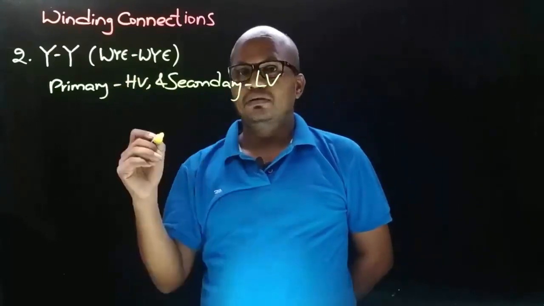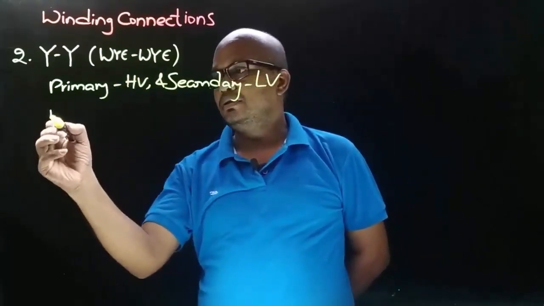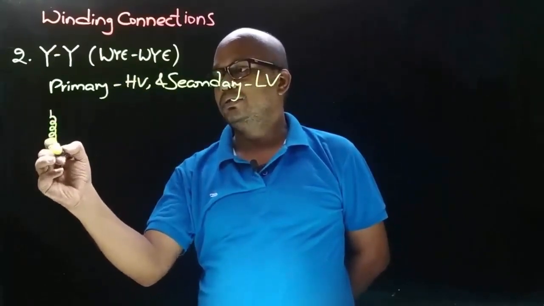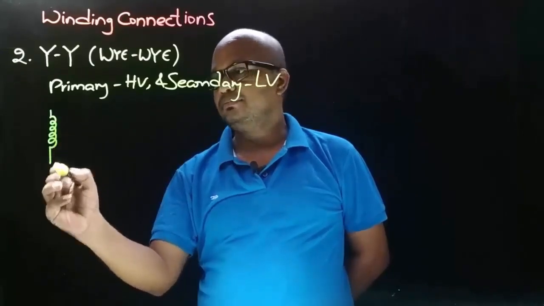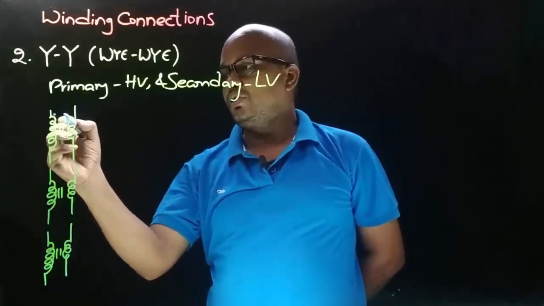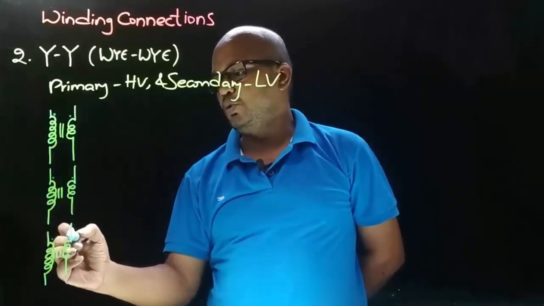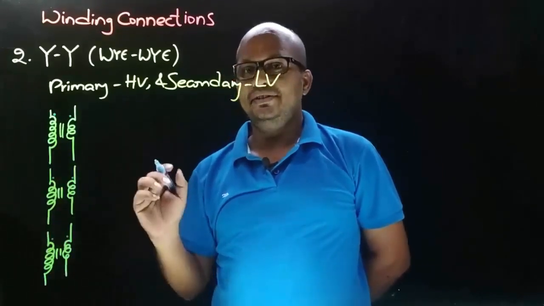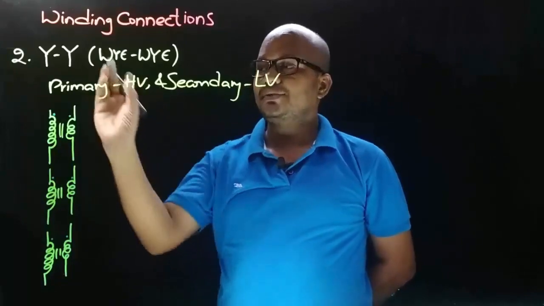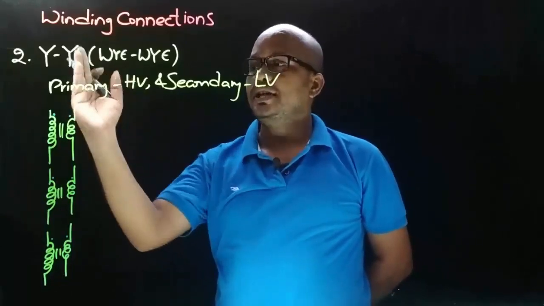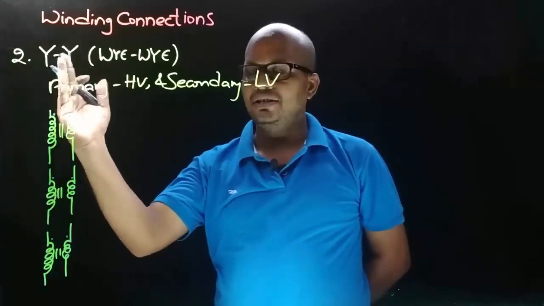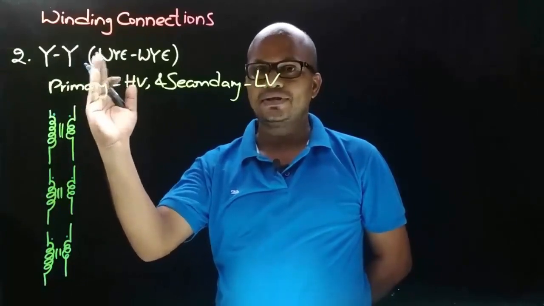on secondary side. So consider bank of 3 single phase transformers and let's give the dot notations on both primary side and secondary side. And here we are considering the case of star-star connection, which means primary winding is star connected and secondary winding is also star connected.